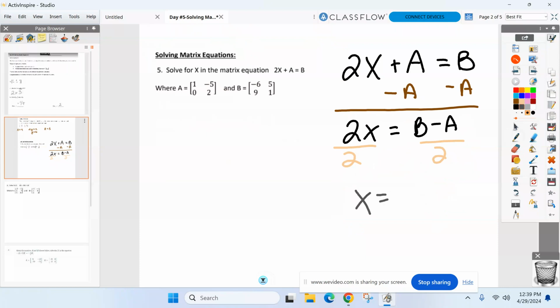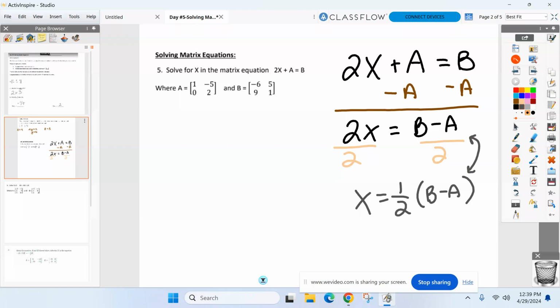Dividing by 2 is the same as multiplying by what? Flip 2. 1/2. So these two are the same exact things.